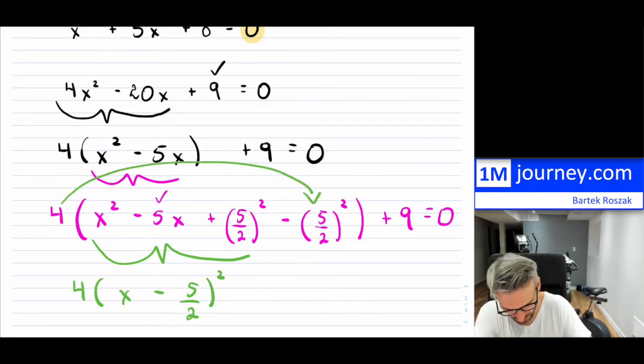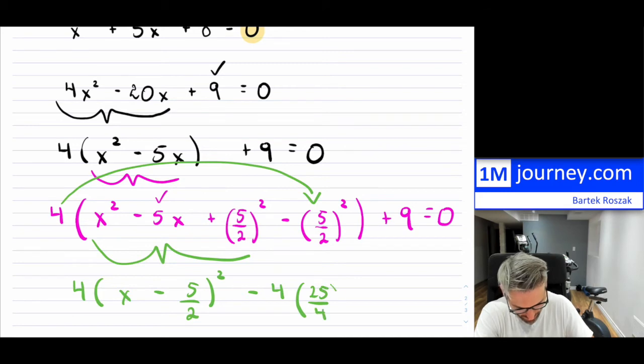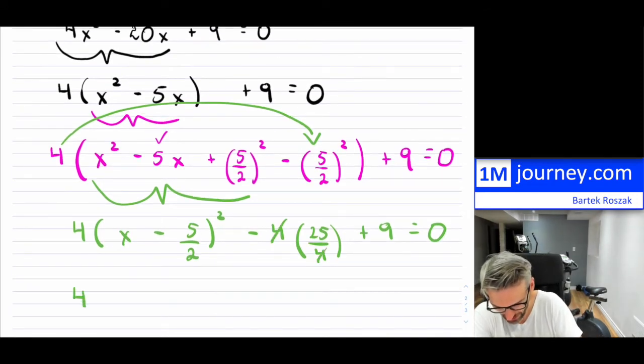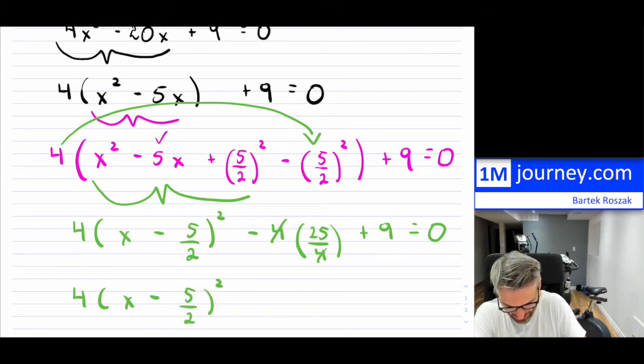So that's going to be now minus 4 times this entire thing, so I guess it's 25 over 4. So that 4 is going to nicely cancel for us. This is what we have right there. Notice this 4 and this 4 is gone. And here we have now completed our square: 4 times x minus 5 over 2 squared, and then this is going to be minus 25 plus 9 is equal to 0.